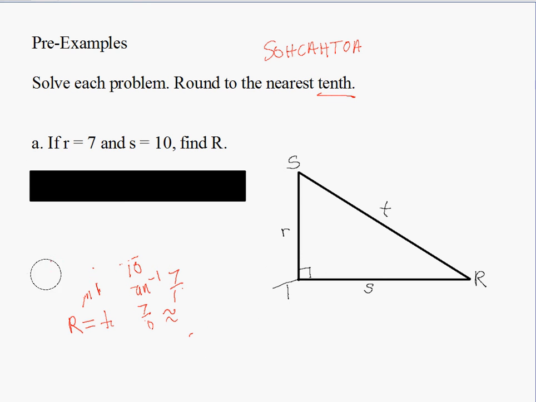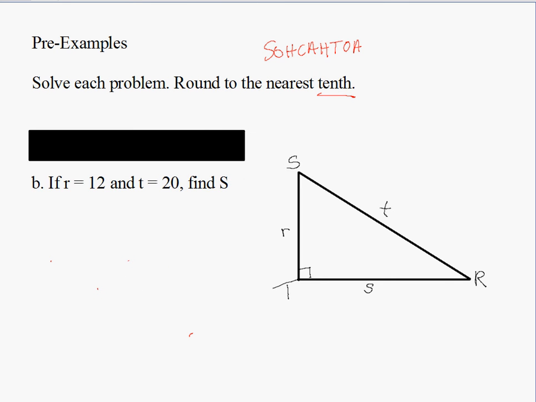Now B says, if R is equal to 12 and T is equal to 20, find S. Let's write that down in our problem. We don't know the opposite, but we know the adjacent and we know the hypotenuse.